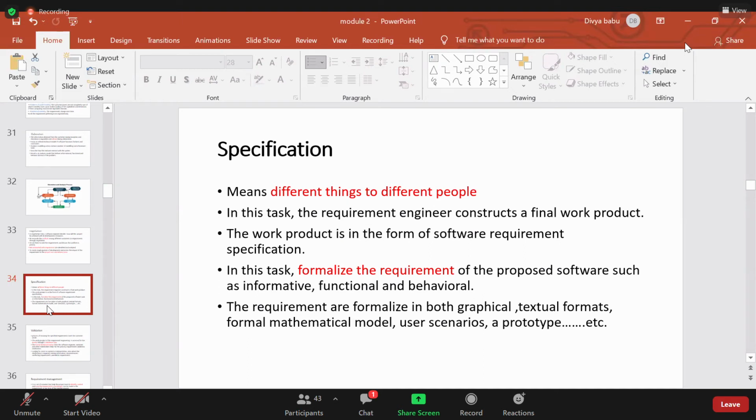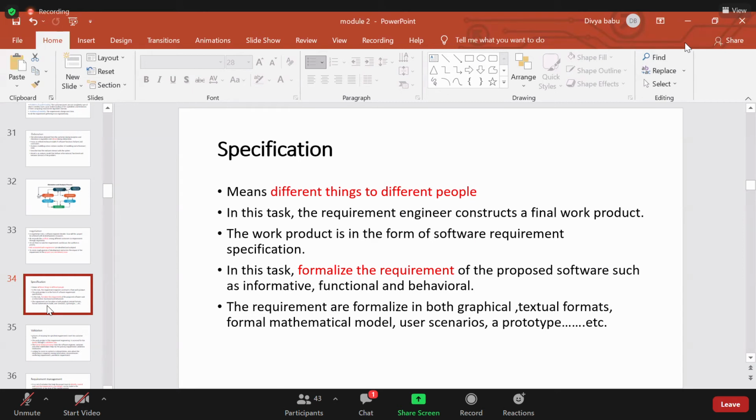So here we formalize the requirements. Formalize means graphically, textually, mathematically, or using prototypes. You can formalize in a more technical way. The SRS document is written for the developers, not for the customer.